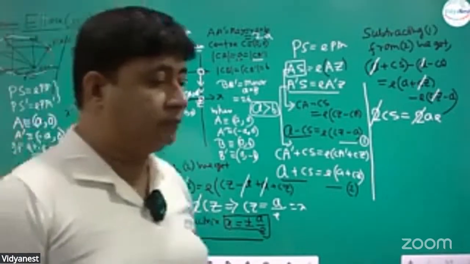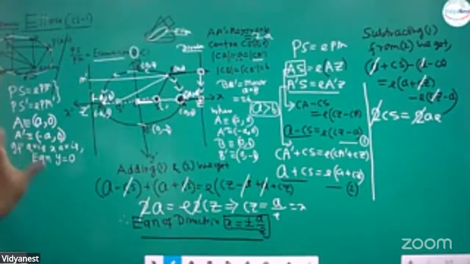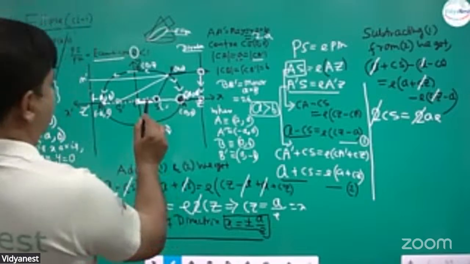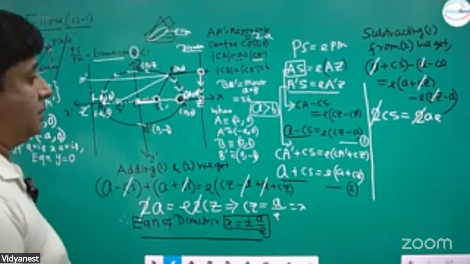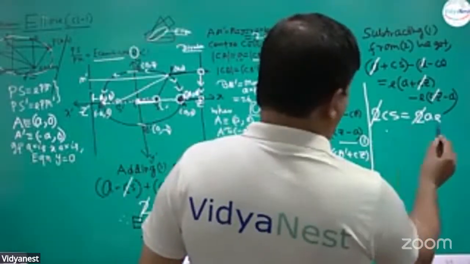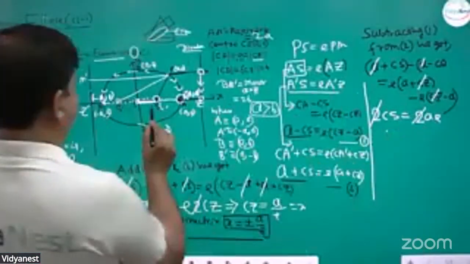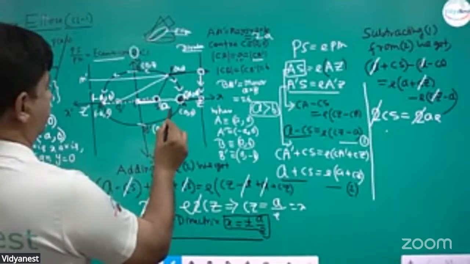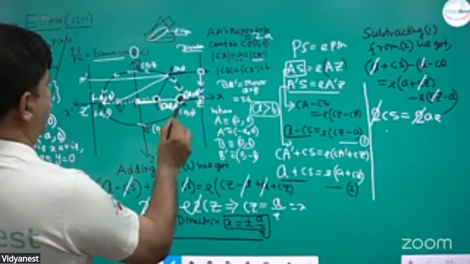Okay, two vertices. So CS is ae comma 0. This point is minus ae comma 0.